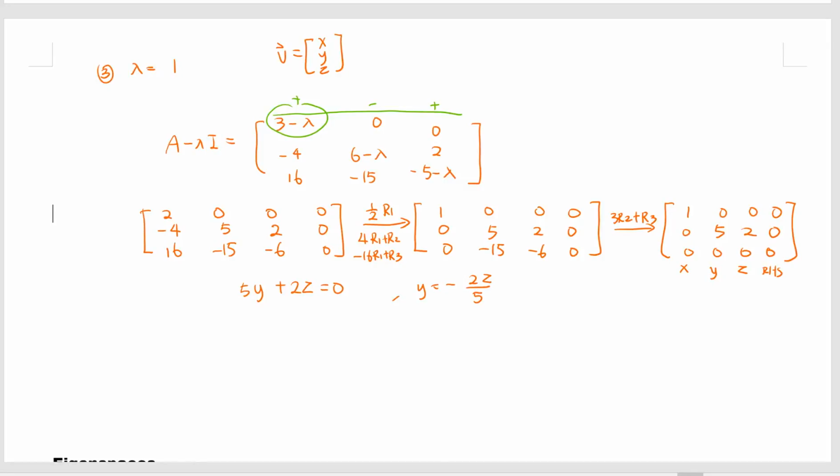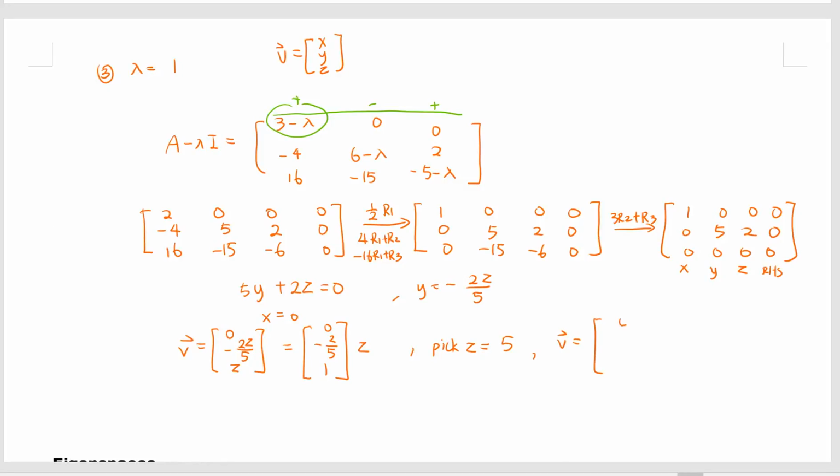Sometimes it's very easy to write them so they look similar. And then the first row tells us x is 0. So v is 0, negative 2z over 5, z. We factor out the z: negative 2 over 5 and 1, times z. So we can pick z. What do you want to pick z to be so that all the entries are integers? Yeah, 5.